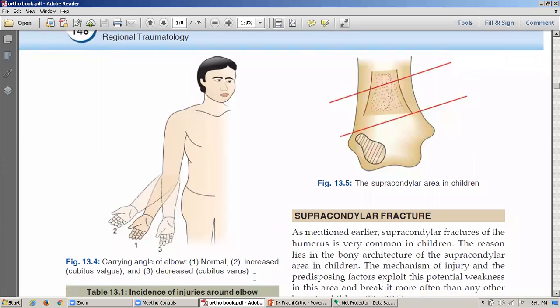So this is the carrying angle of the elbow. One, this is normal. Two, this is increased, that is cubitus valgus. And three, this is decreased, that is cubitus varus.